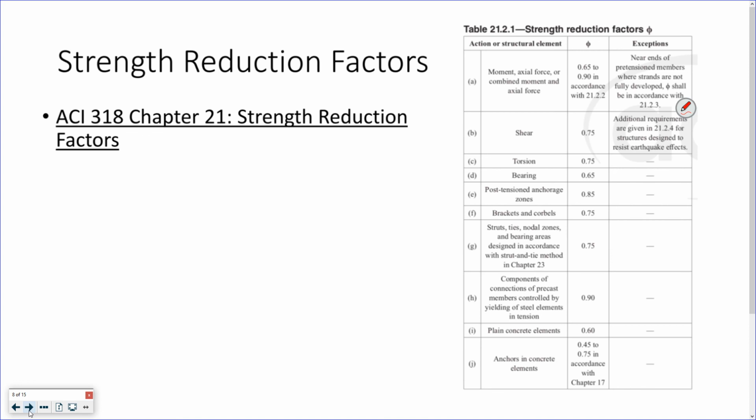Our strength reduction factors are in chapter 21, table 21.2.1. Again, another good place for a tab. It's a whole chapter on strength reduction factors.